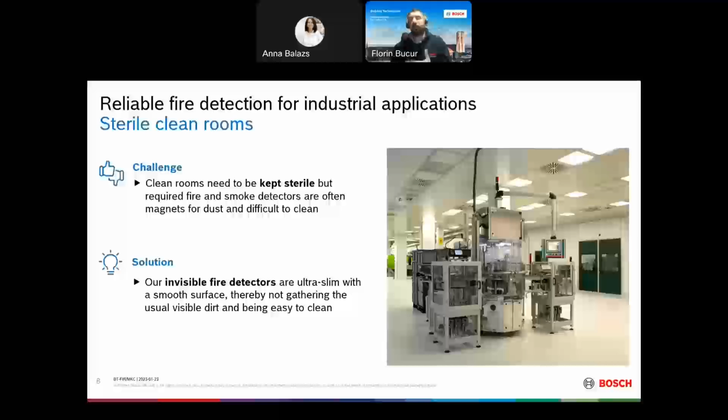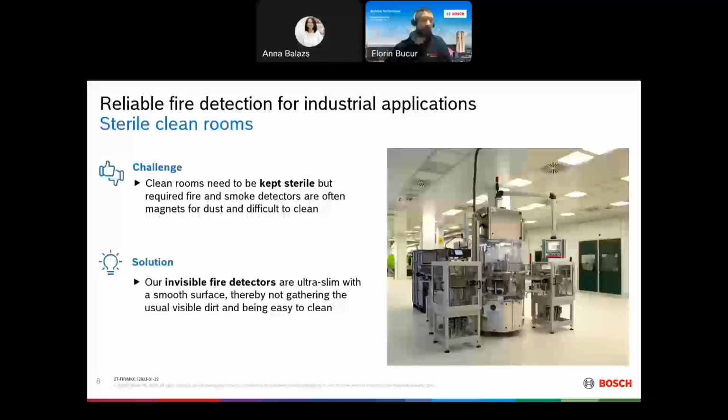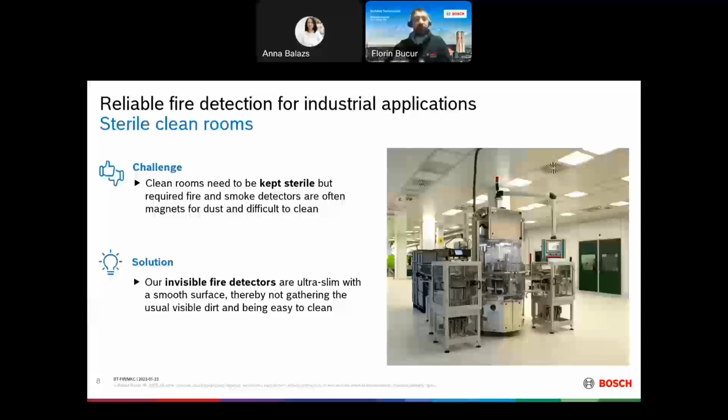Not only will it pollute the detector, but it will also contaminate the area. So for that, again, we have the option of our 500, 520 series detector, which is mounted to the surface and can be cleaned very easily, just by wiping the surface of the detector.